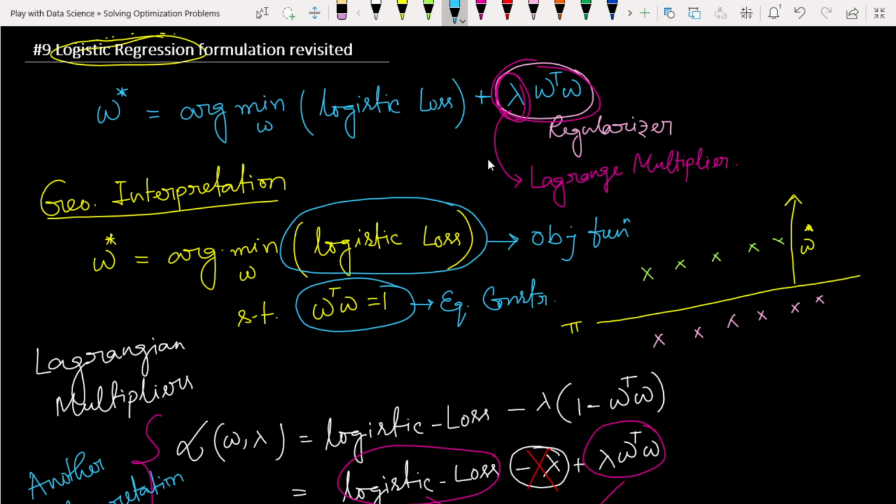I think this concept is clear to all of you. This is the main beauty. As we progress through this series of lectures, you will see the multiple interpretations of the regularizer that we can learn.